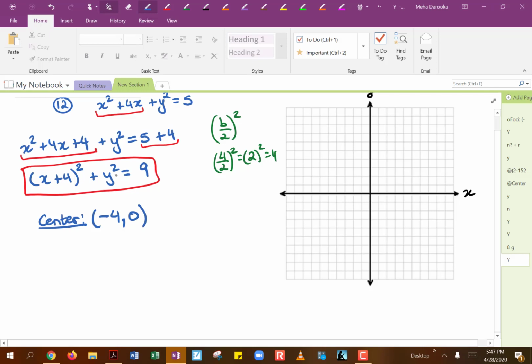And since you only had y squared, our y-coordinate is going to be 0. And then the radius is going to be the square root of the right-hand side. So square root of 9 is 3. So we have our center and we have our radius. Now let's go ahead and graph this.